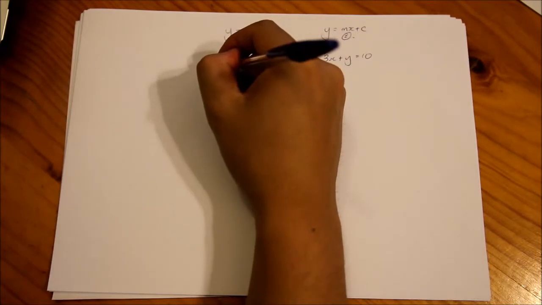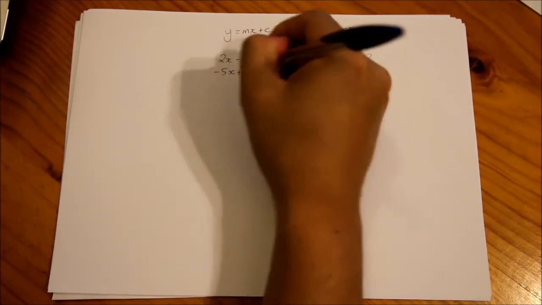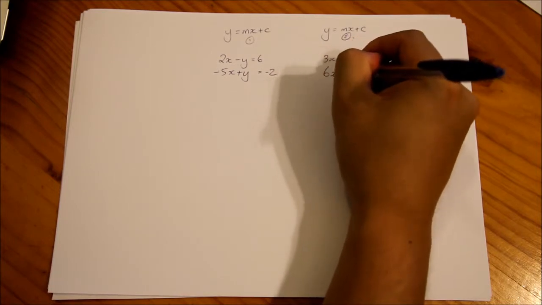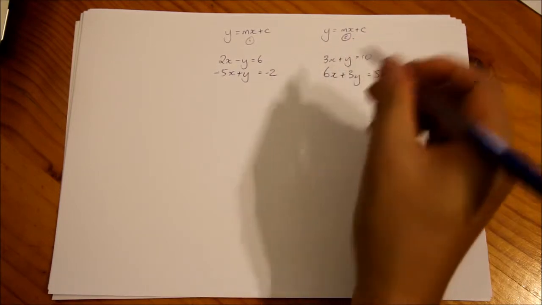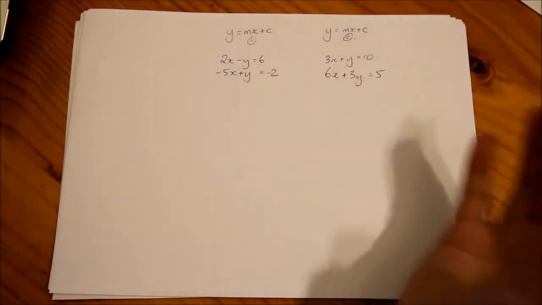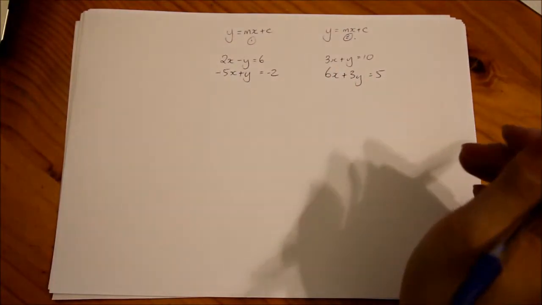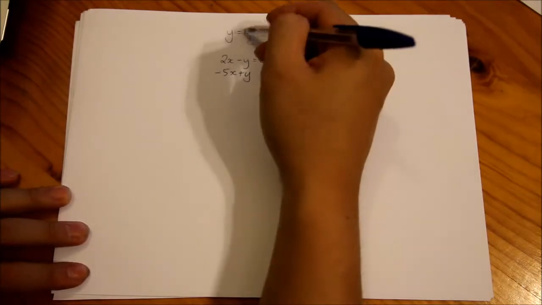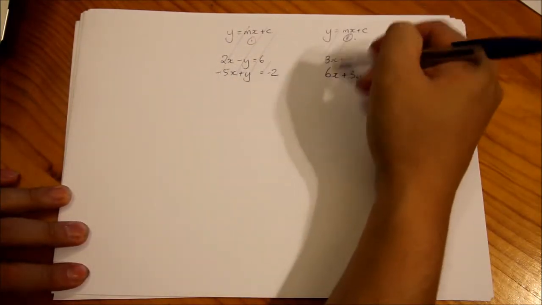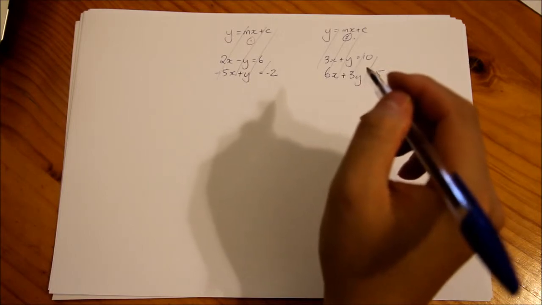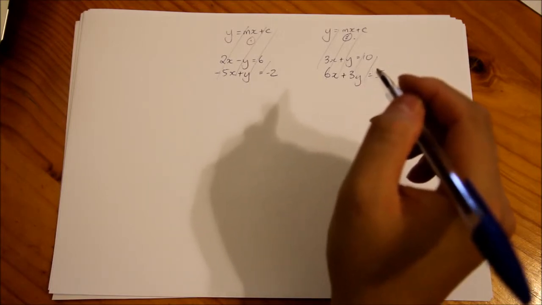Or possibly you have minus 5x plus y equals minus 2, and on the other side 6x plus 3y equals 5, and the structure of the linear equations don't really match up. You need to play around with it and do a few things to make it work. So let's ignore all of this for the moment and work through a couple of examples of what you actually need to do.